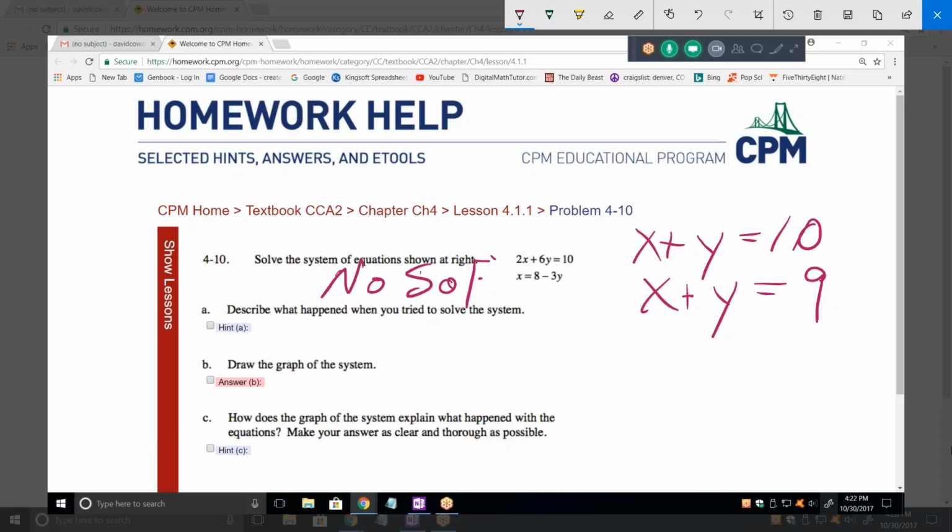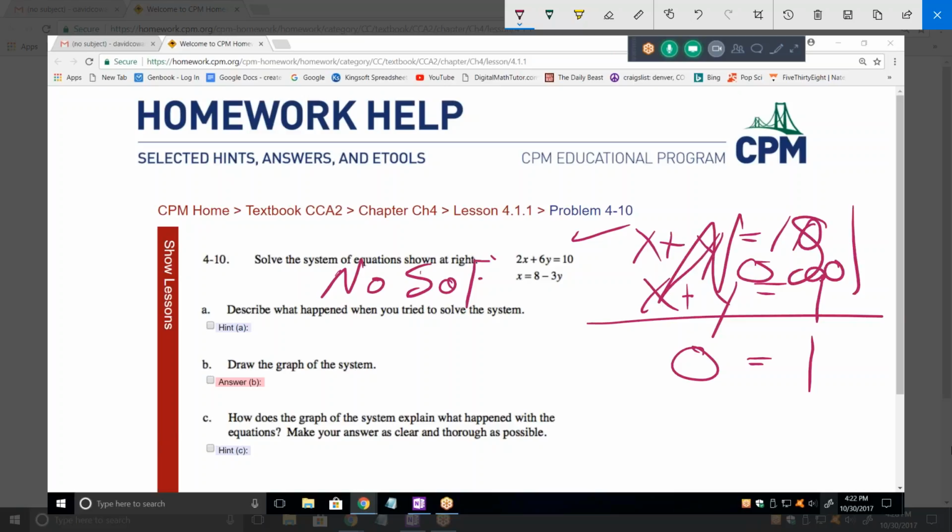If I find the solution to the first one, it is not going to be a solution to the second one. In other words, if I were to combine these two equations, I get 0 equals 1. So I get one number equals a different number, and that means no solution. So there are systems of equations that have no solution.